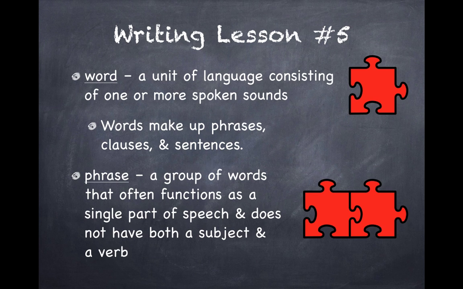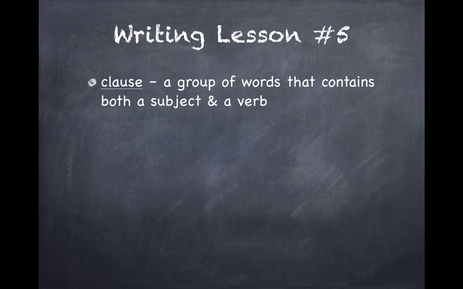Contrast that with clauses. A clause is also a group of words, but it does contain a subject and a verb. So think about the analogy. You're getting a little bit bigger here with your clauses and your sentences. They're going to be more like 3 puzzle pieces put together, which we'll see in a few moments.